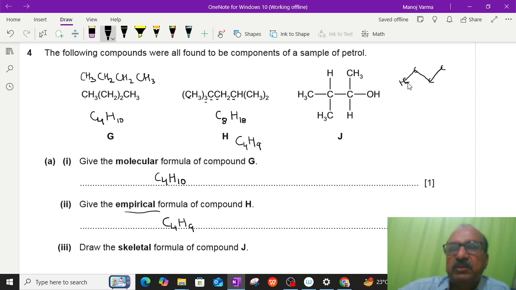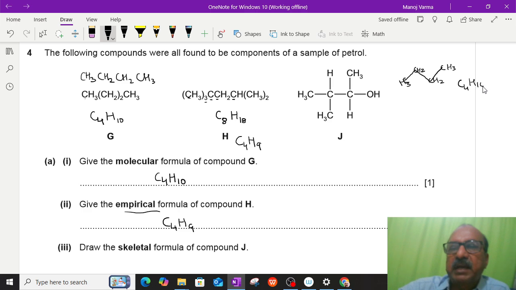So CH3, CH2, because already two bonds are there, so CH2, and one bond is there, so CH3. So in fact, CH3, CH2, CH2, CH3, which is 1, 2, 3, 4. So that is C4H10.